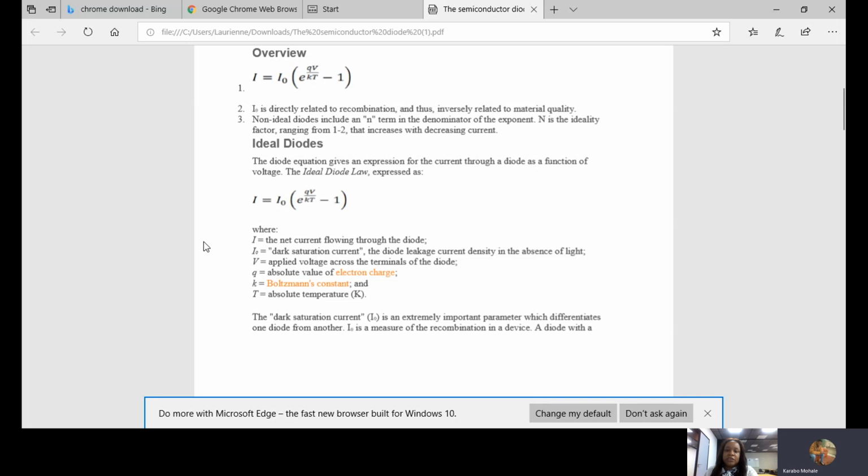Okay, so those are the equations when it comes to diodes. I'm just going to cover this for now, and then I'm going to complete the diodes as we said here, semiconductors.